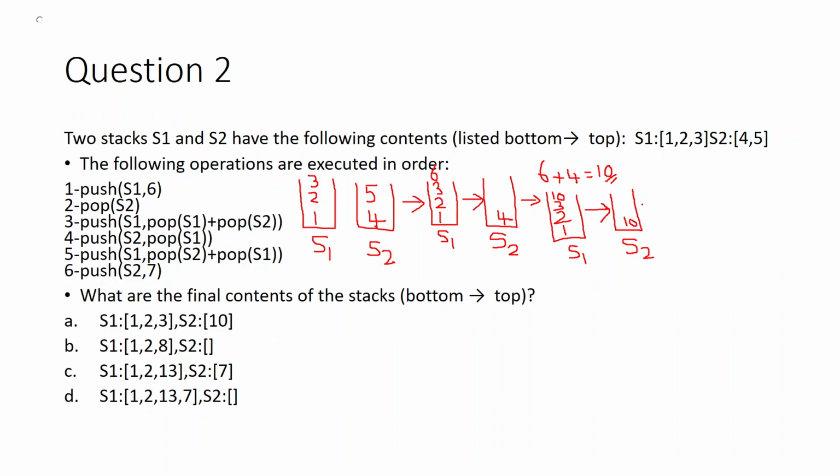So the next, fifth operation. We need to pop S2 and S1. So 10 from S2, 3 from S1. So the result is 13. Again, we need to push it onto the stack S1.